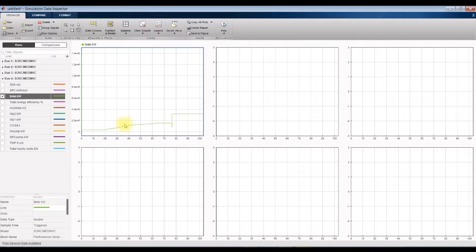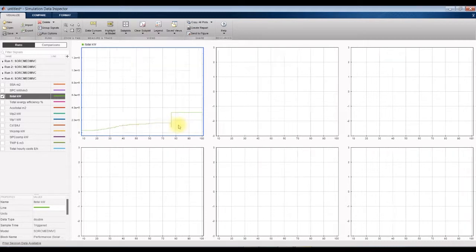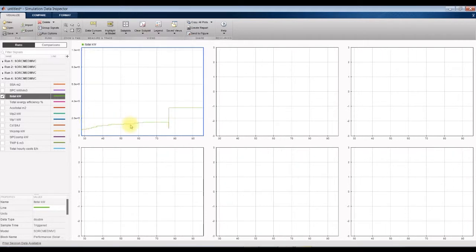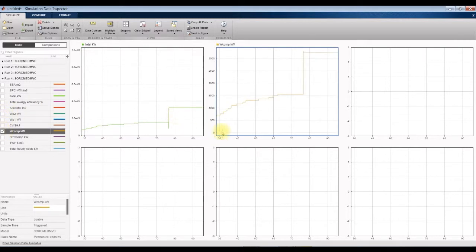Okay, increasing the mass flow rate would increase the total irreversibility of the system. Let's see. This is the compressor power when I enter 10,000. This is from 1,500 up to 10,000. Massive increase.